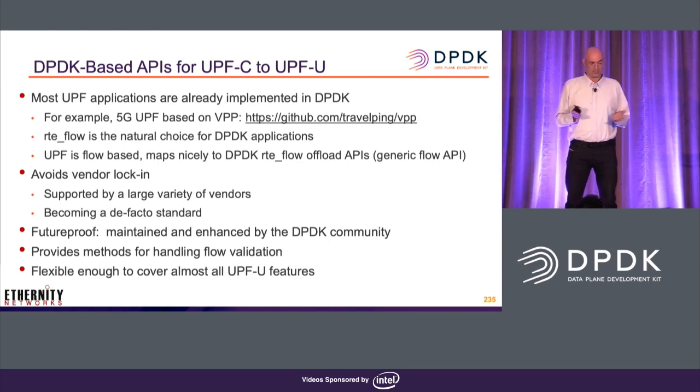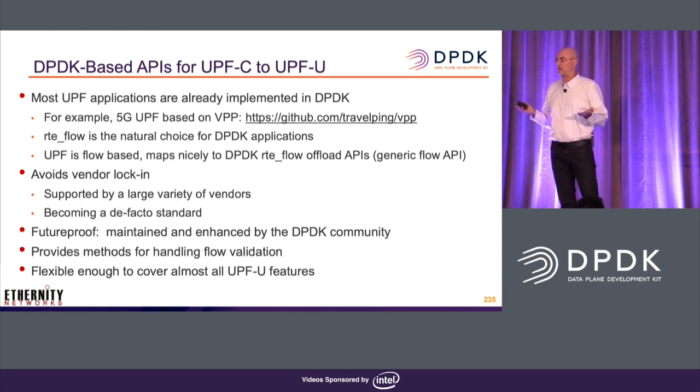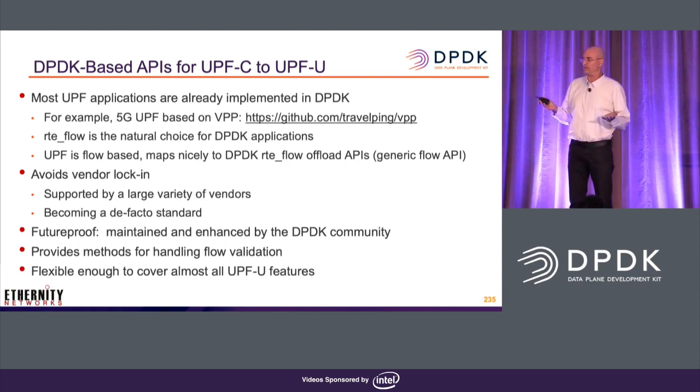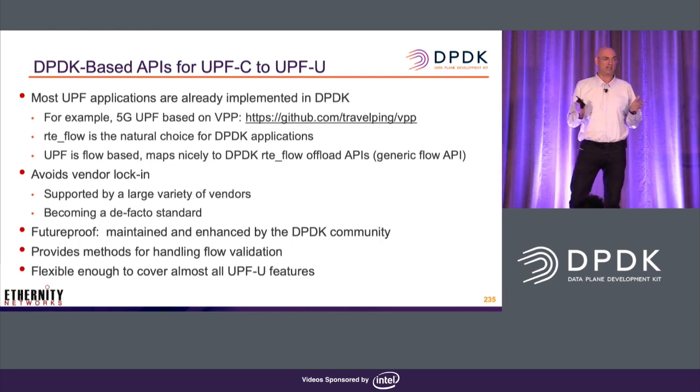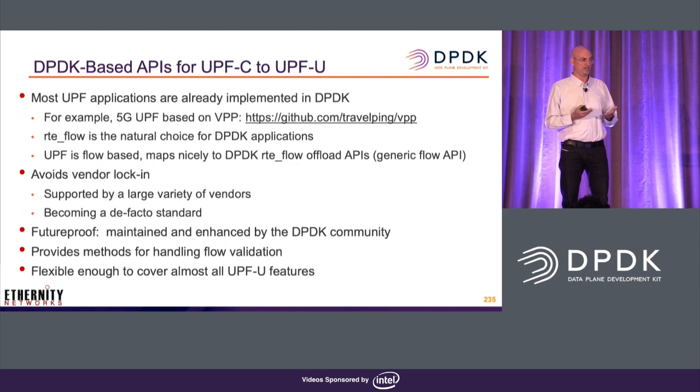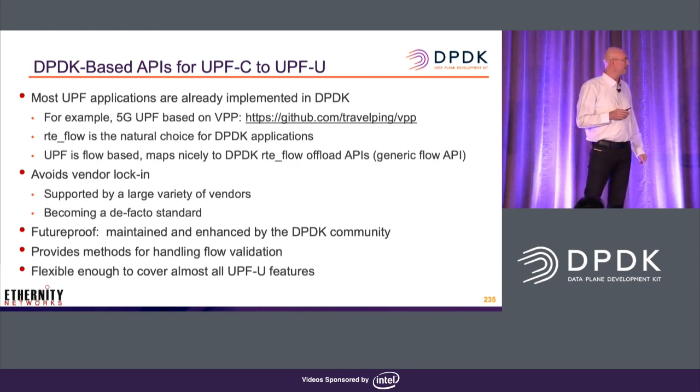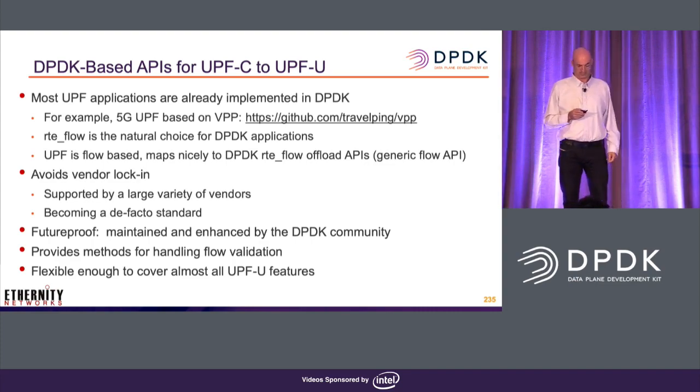So RTE flow seems like the natural choice. We've seen that there's a wide variety of vendors already supporting RTE flows, and we just need to make sure that all the functionality can be conveyed using RTE flow commands, and it seems to be the case. There are some missing parts, and we'll touch on that in a second.